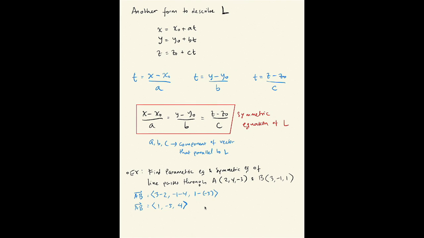So taking this as your v, or direction, because if you take this vector as your direction, of course it will be parallel to both of these points, right? So we can use this vector AB as your v, as your direction vector, and then we can choose maybe A as our initial point.